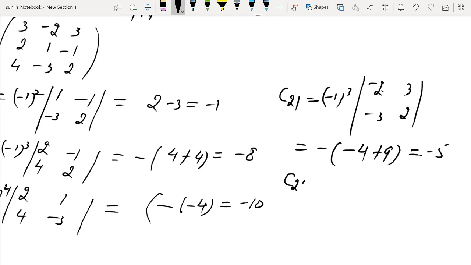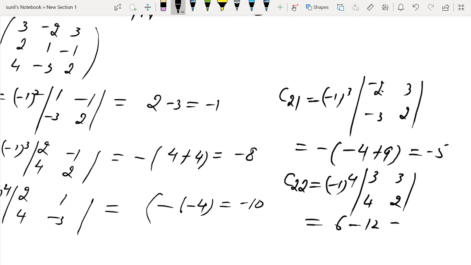Then C22, minus 1 raised to power 4, second row second column, that is 6 minus 12, minus 6.